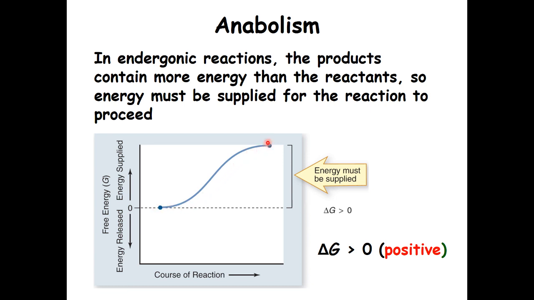If the analogy applies, this is like making money or depositing money into your bank account, which goes positive. But catabolic reaction is like spending money, so your bank account is going to go negative. That's how you're going to remember. In anabolic, delta G is positive because you're depositing money into your bank account, so your account balance will be positive. Okay, so remember that.